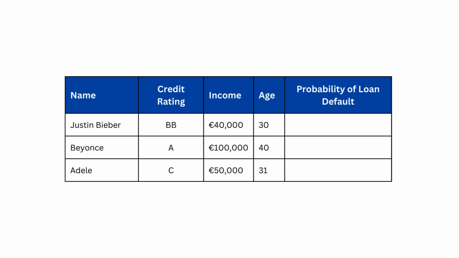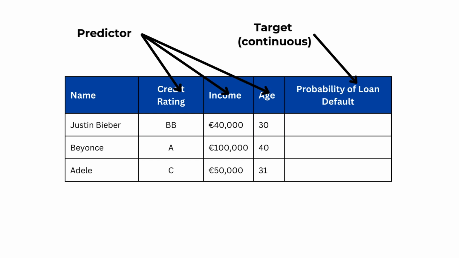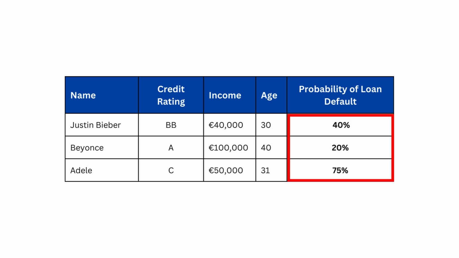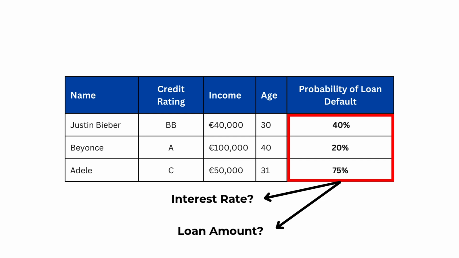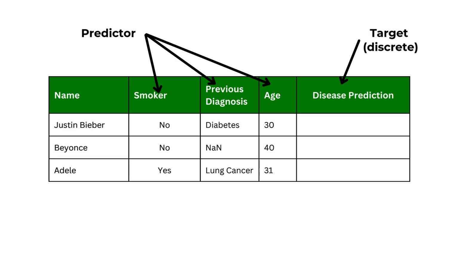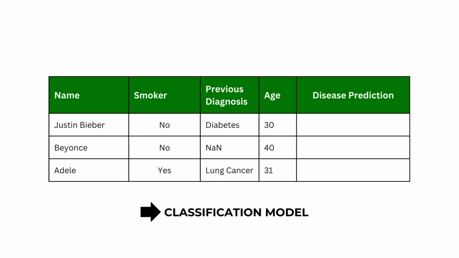With the case of the bank, the target is the probability of loan default. And because the target value is continuous, we use regression models. Then, from the probability of loan default, the bank can set interest rate and loan amount with respect to the probability. Then we move to the next case of predicting disease in patients. The target is the disease predictions, and because the target value is discrete, we use classification models.